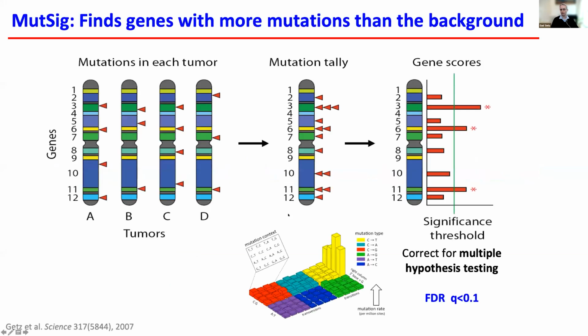My group started to get interested in mutational signatures in the process of looking for drivers. Because when we look for drivers in the genome, we look across patients and count how many mutations we see per gene, but we know that different types of mutations occur at different rates, and we need to take that into account to see how much we're really surprised by the number of mutations we see in a gene.